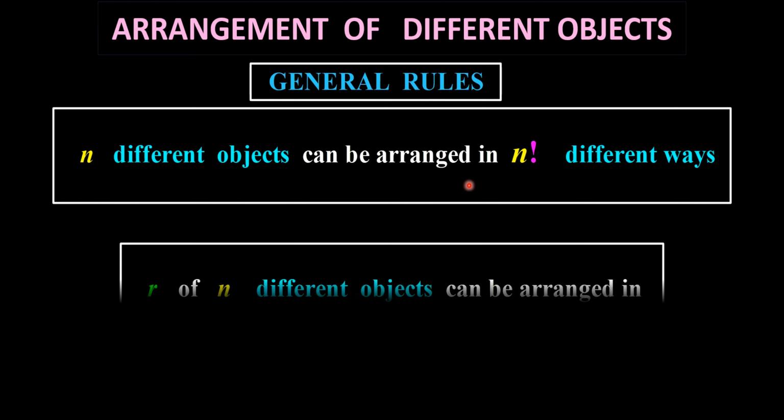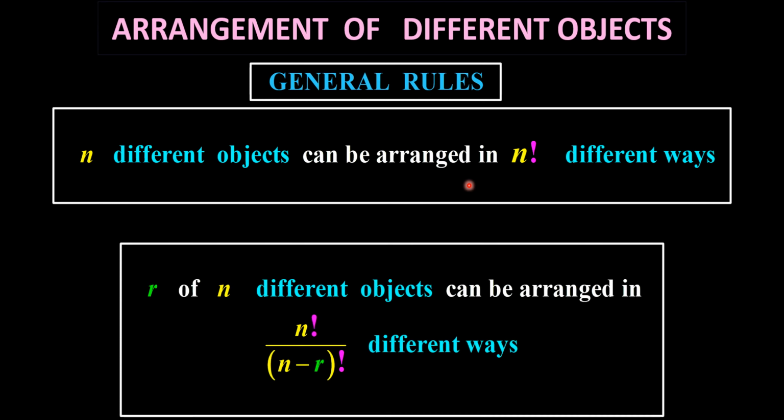Then in the other case, we want to arrange only some of the different objects, like r of n. That will be n factorial divided by the factorial of the difference n minus r, and that gives us the number of different arrangements if we just want to arrange a certain number of the different objects.